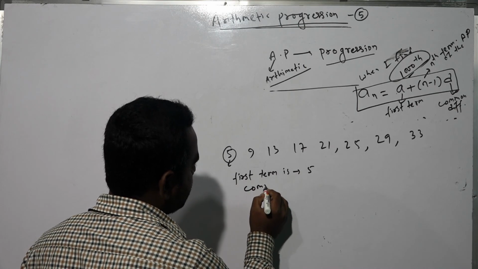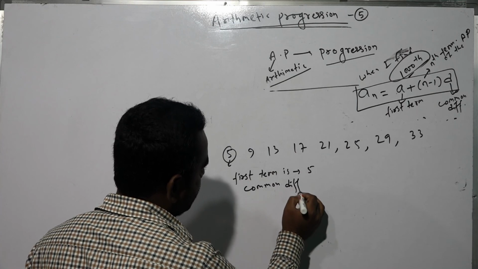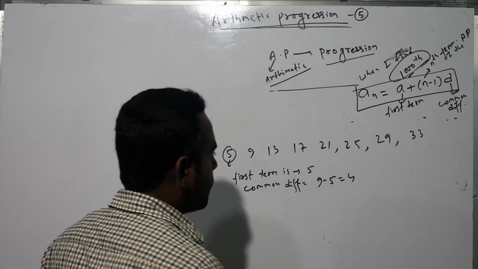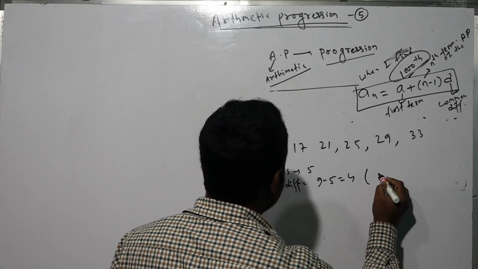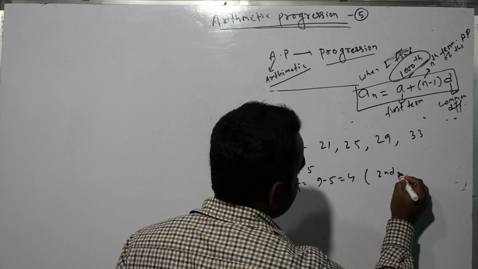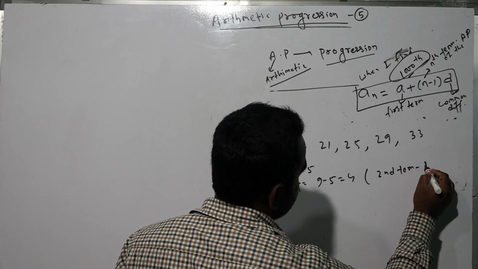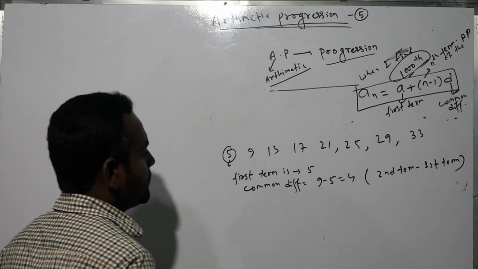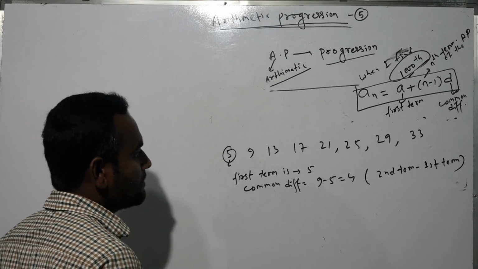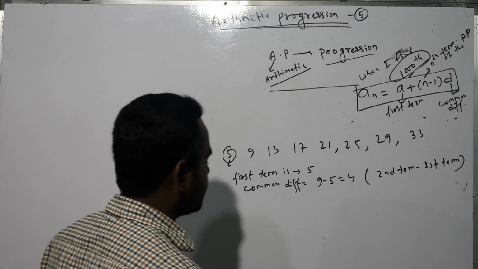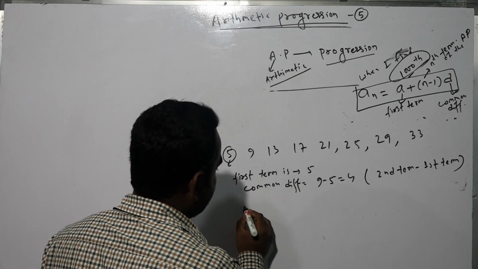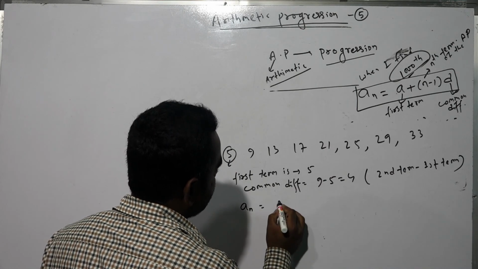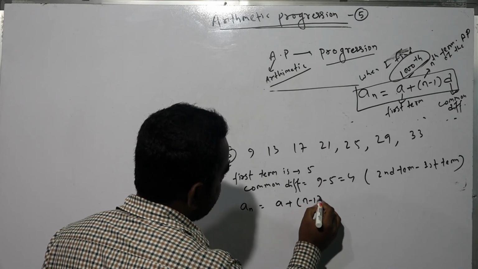Common difference: 9 minus 5 equals 4. We find the common difference as second term minus first term, so the common difference is 4. So by the formula, a_n equals a plus n minus 1 into d.